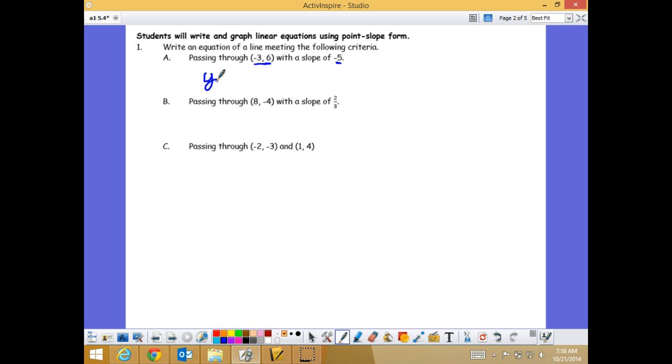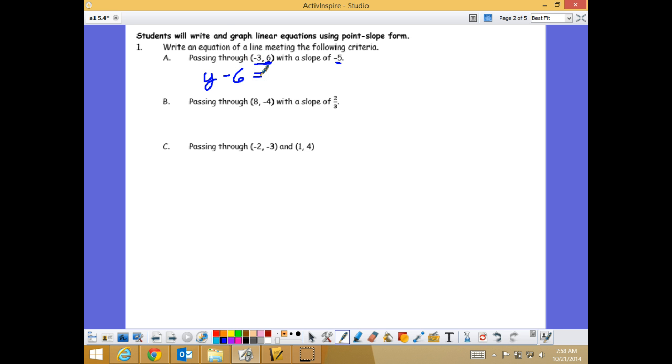So we start with the y, and then after the y, we have the y coordinate of the point that it passes through, which is the 6. But when we put it into the equation, we're actually going to change the sign on it, so it becomes y minus 6 instead of y plus 6. So just be careful, make sure you are changing that sign when you write the equation.